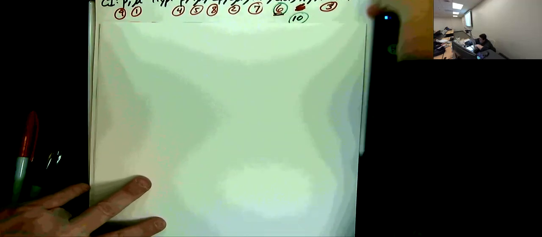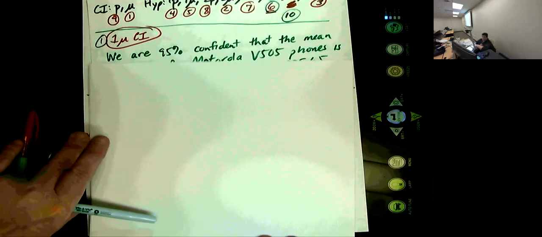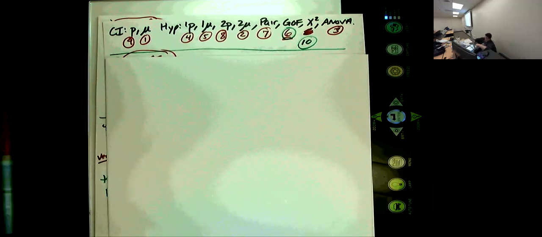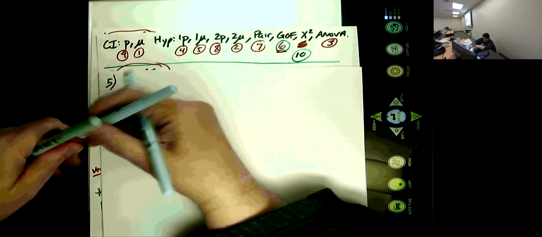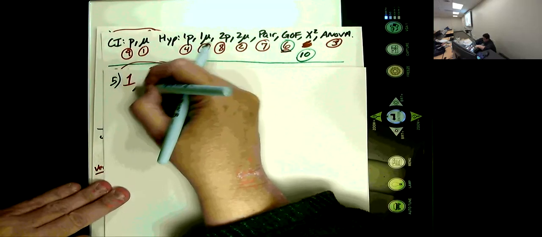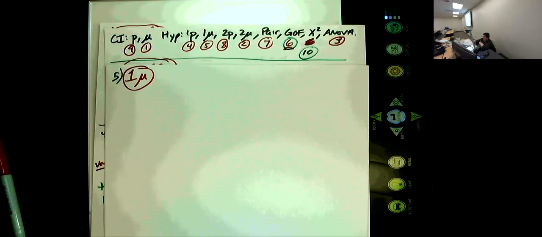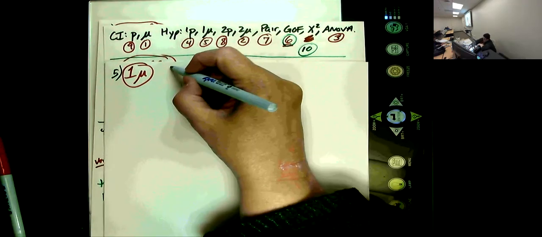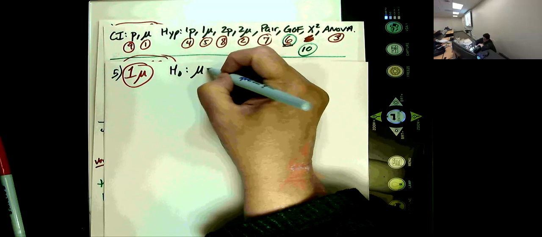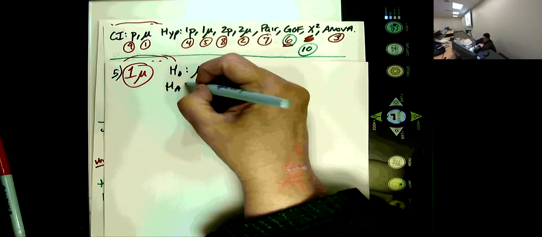All right. Number 5, looks like I've got listed as a one means test. H naught has mu equals something, HA is mu is something different.